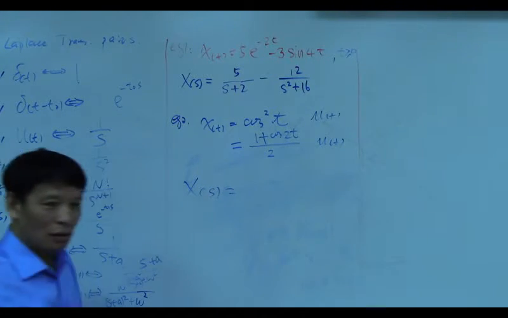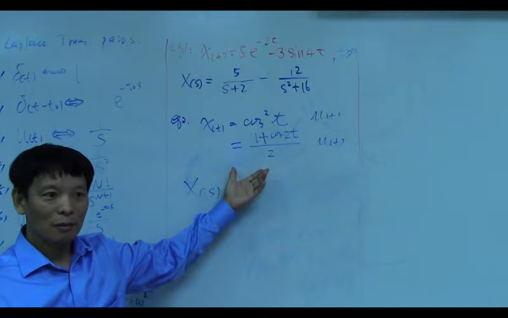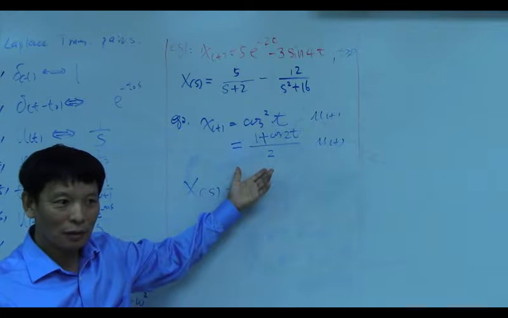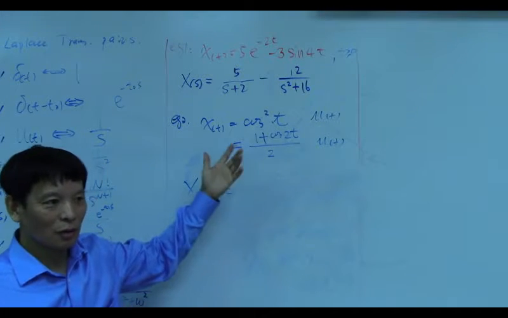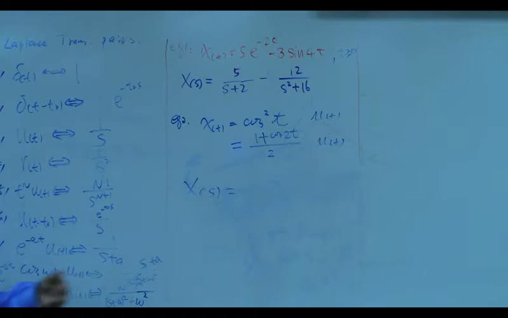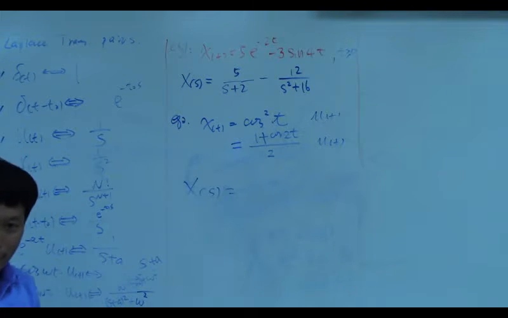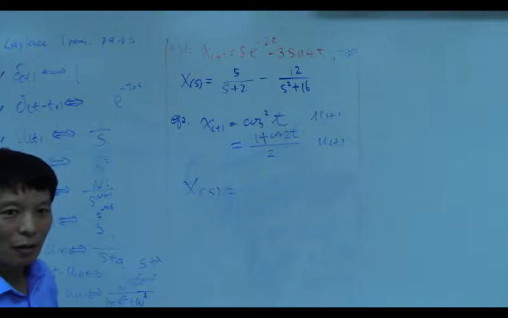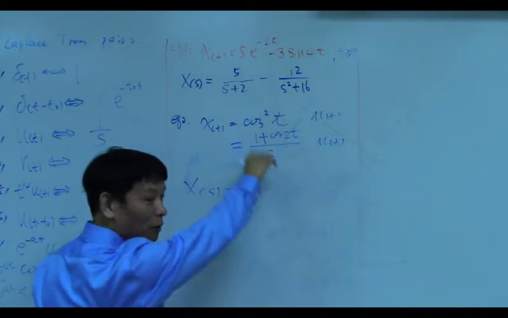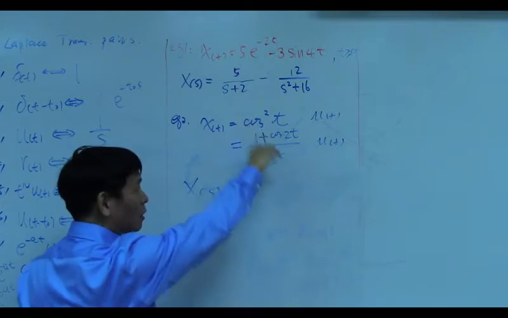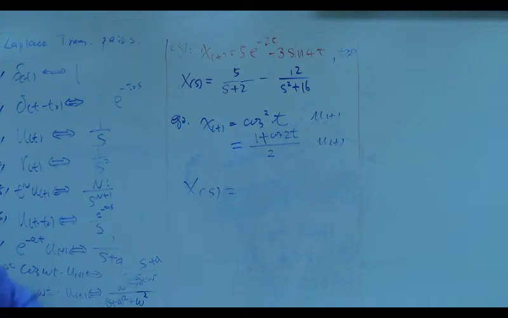This equals, how many terms do we have here? 2, right? So the Laplace transform also has 2 terms. The first one is half u(t).